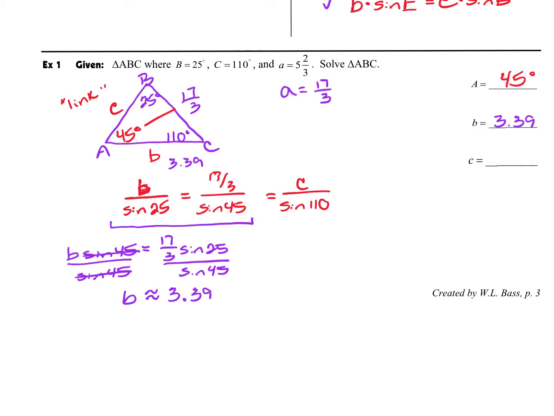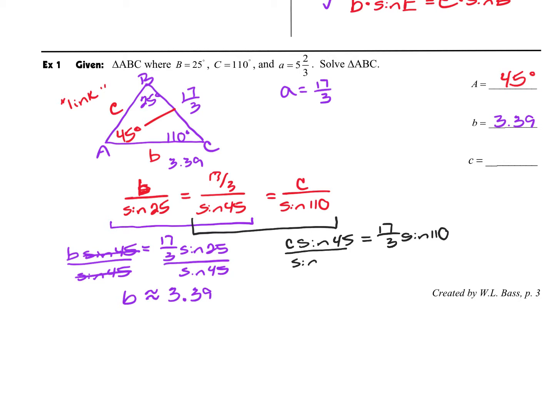From there, the next thing I can do is continue to solve for C. And now I'm going to look at these two pieces, and I'm going to cross multiply here. Now I'm ignoring this B. Notice I'm not using this value to continue solving, because this one is precise and this one is going to be an approximation. So now I'm going to cross multiply. I'm going to get C times the sine of 45 equals 17/3 times the sine of 110.